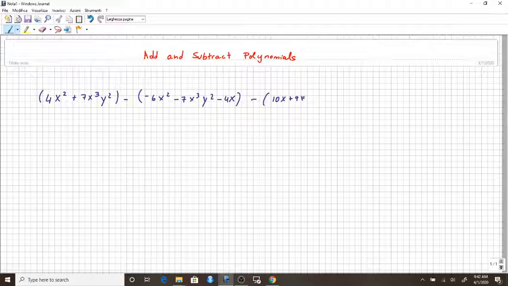What we want to do is simplify this expression. Now we have a negative in between the parentheses, so we need to use the distributive property in order to get rid of those parentheses.